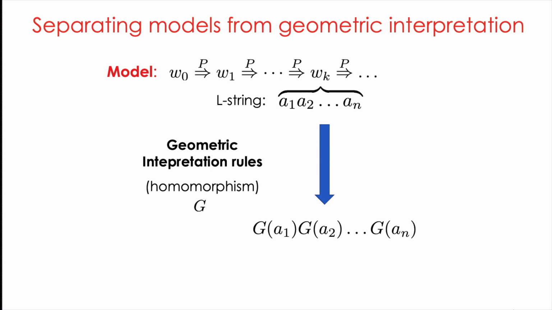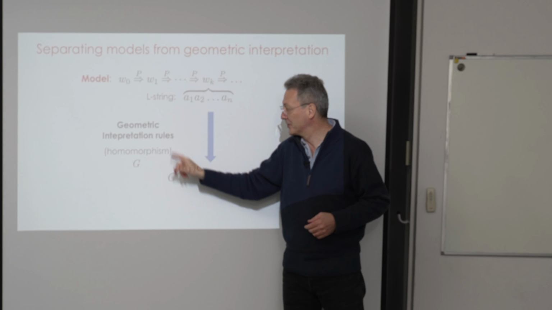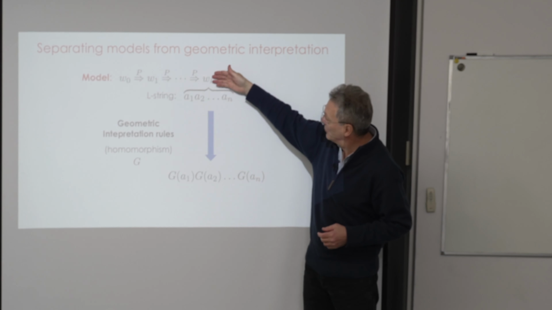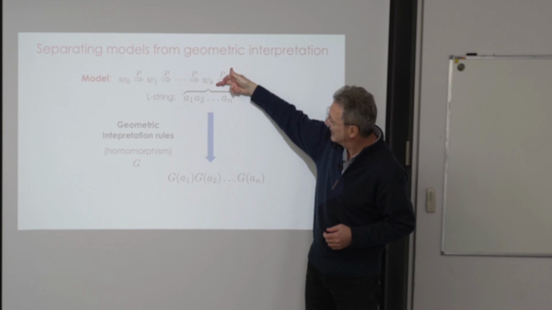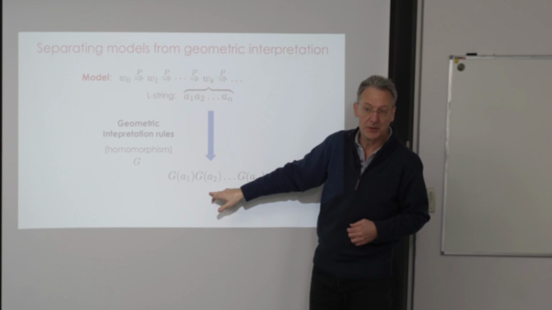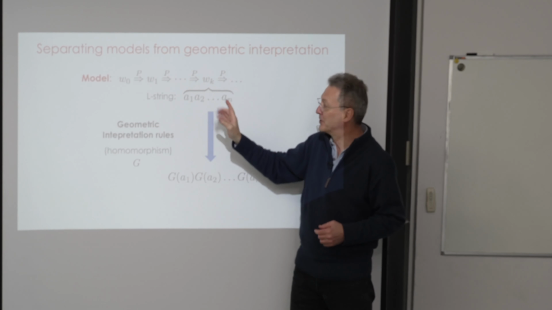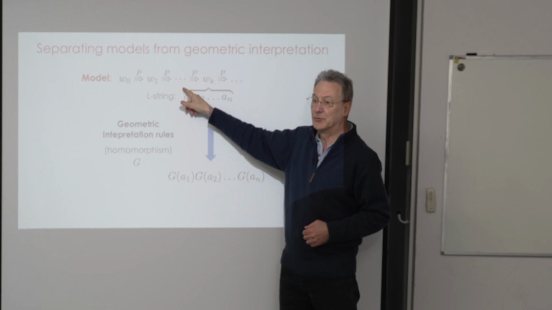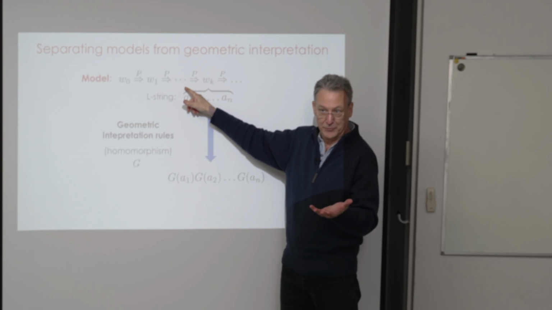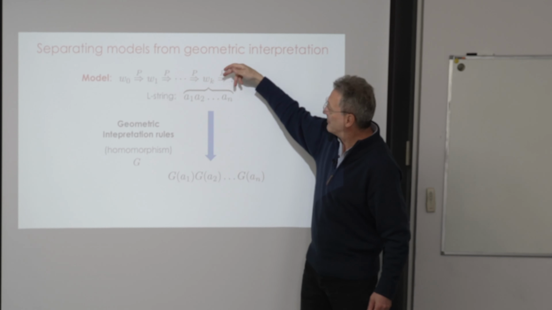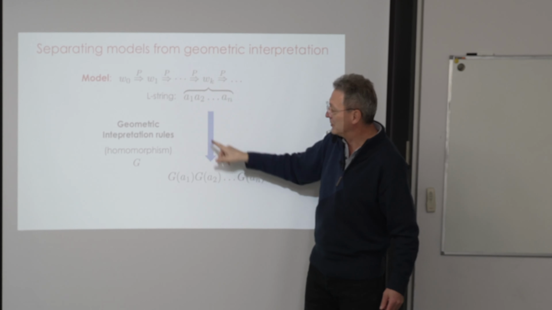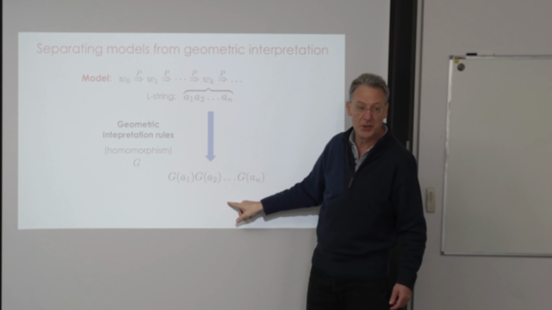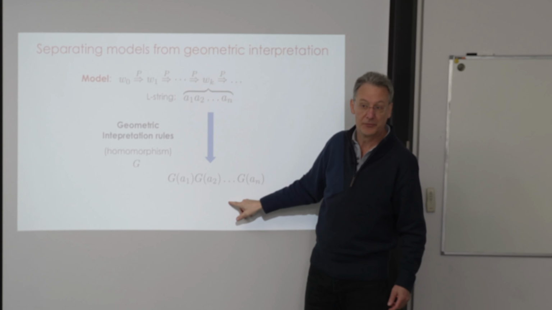Then you use a different set of rules, G, different from P, called interpretation rules, that will read this L string and transform it into a geometric interpretation. So you have two types of transformation: the horizontal one that goes from one L string to the next L string of the model, and then at each step you may compute, using other types of interpretation rule, the geometric interpretation of the model.